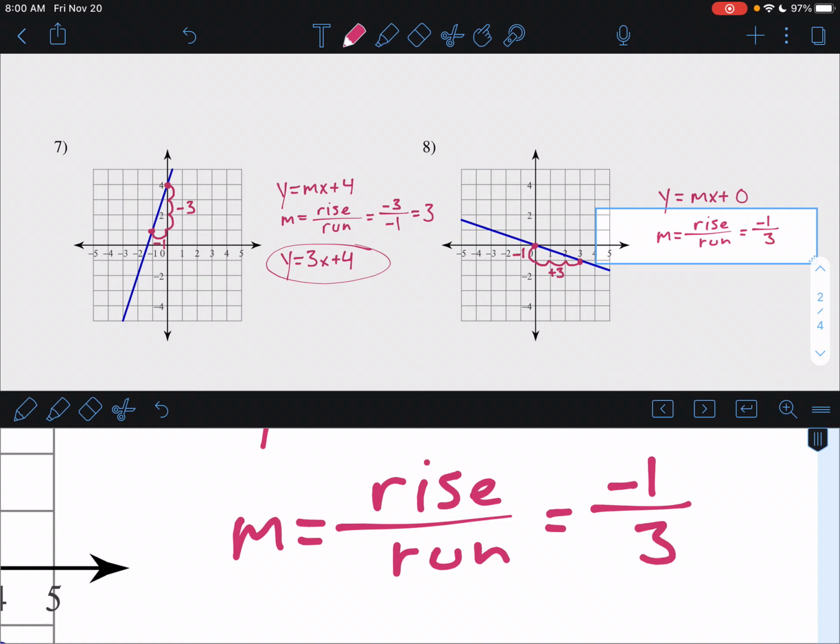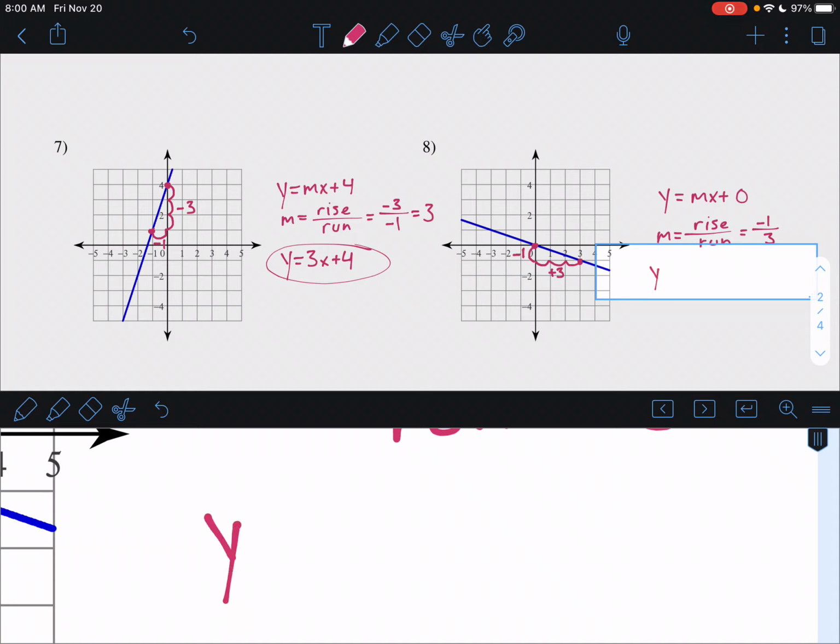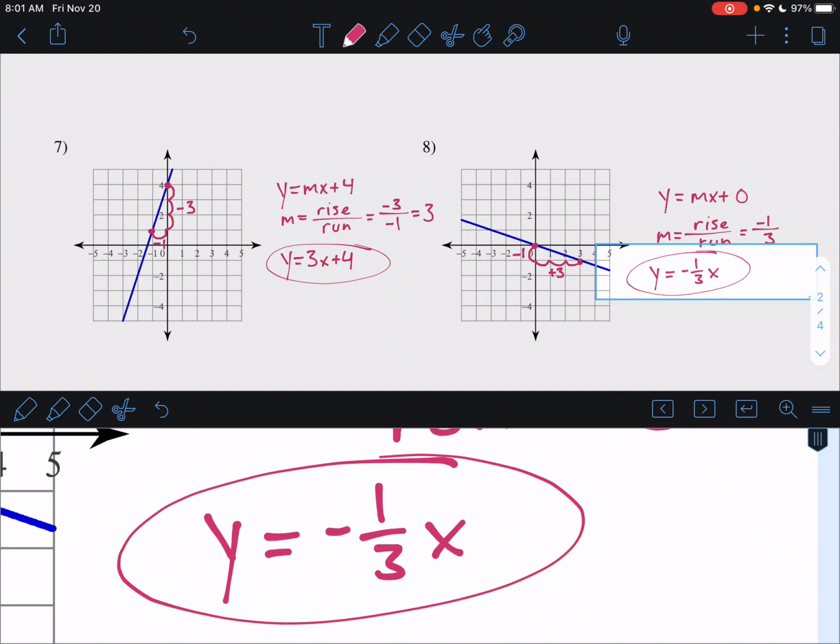My run was 3. So -1 over 3, can't simplify that fraction. So that would be my m. So y equals -1/3 x plus 0. Don't really need to say plus 0 because it's redundant. So this would be my equation for number 8. y equals -1/3 x.